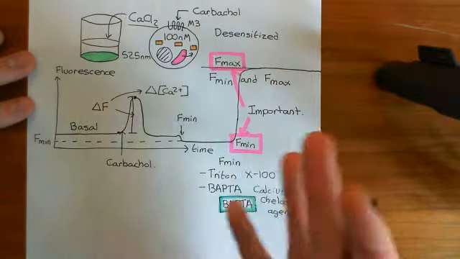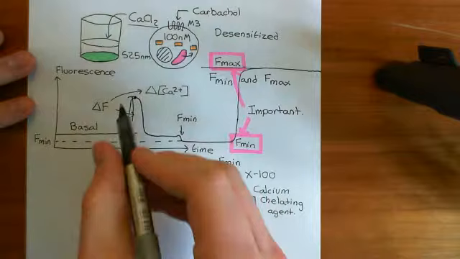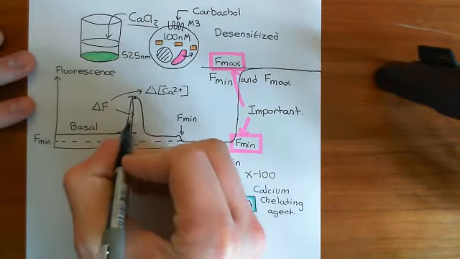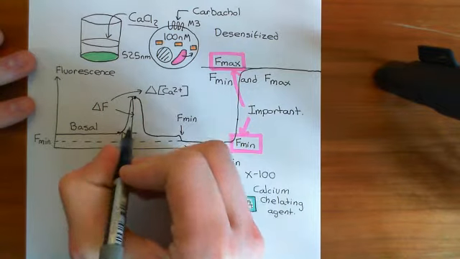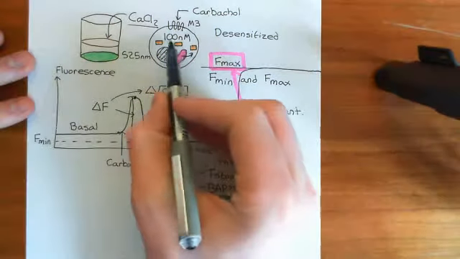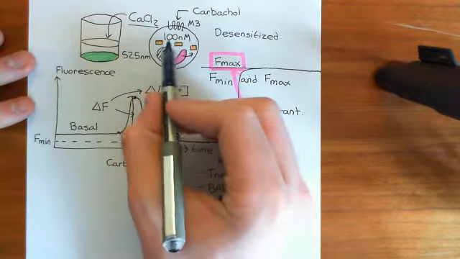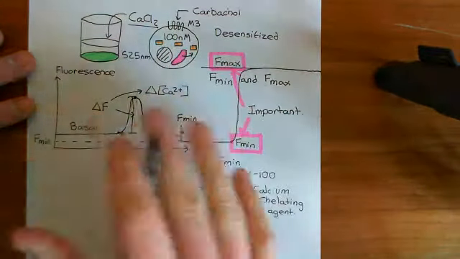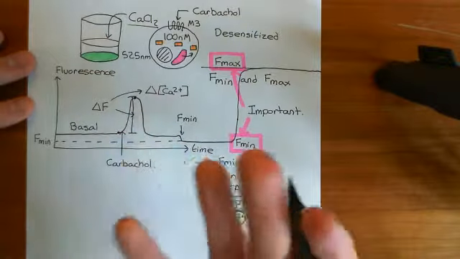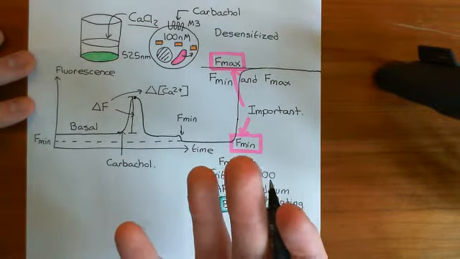It's usually 100 nanomolar or thereabouts. If we had those two calcium values, we could then subtract one from the other to get the difference. Although we do know that the basal calcium level will be around 100 nanomolar, this is one of the techniques you could use to actually find that piece of information in the first place.